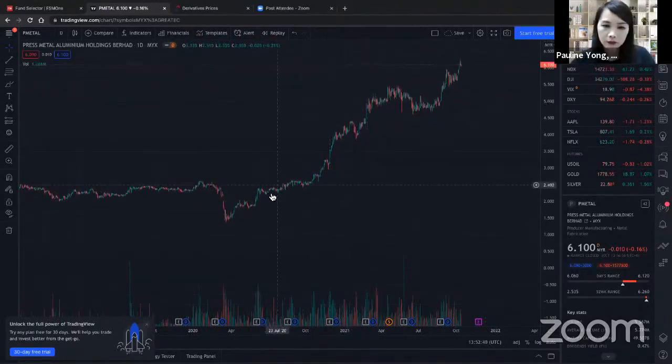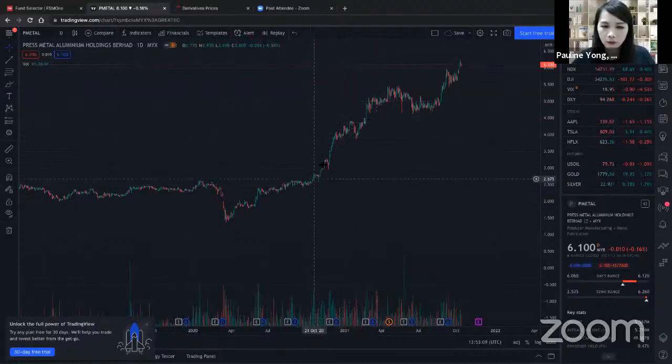So if you are looking at this at one glance, what does this tell you? Let's say this is 1, 2, 3, 4, 5. I'm looking at this as wave number 1, and then this is 2, and then this is 3.